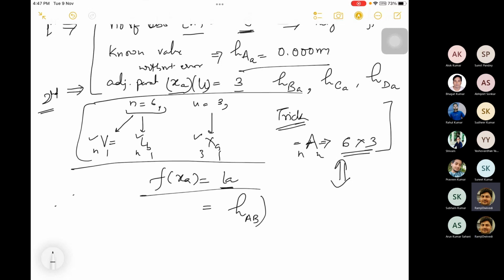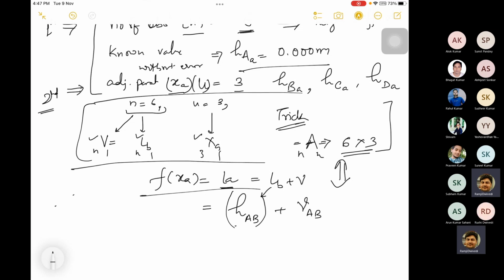HAB, this value is given. LA is nothing but LB plus V. So what is LB, what was the first value given? HAB, so this will become VAB. Brother, LB is given as 6, so you will write it 6 times. First you will write from the table the height difference HAB plus residual, that becomes this whole is part of adjusted. Okay. On the left hand side you have function of XA.